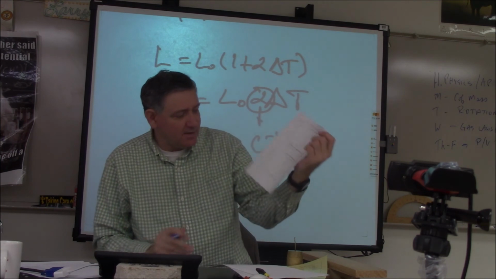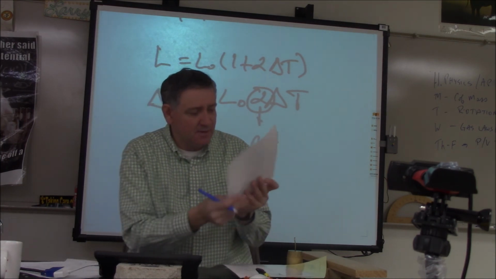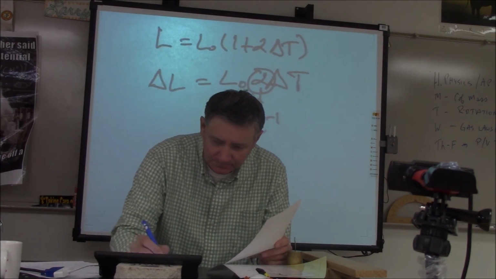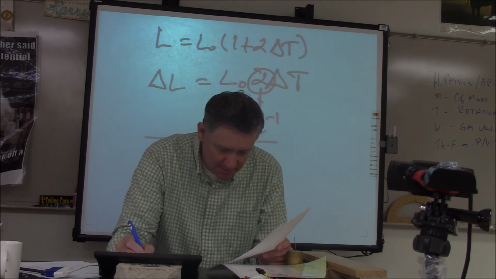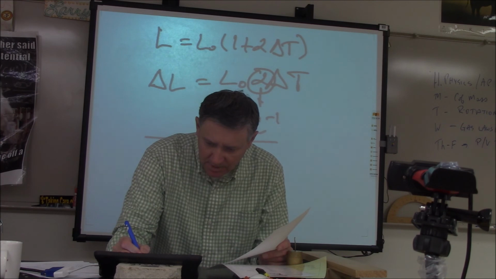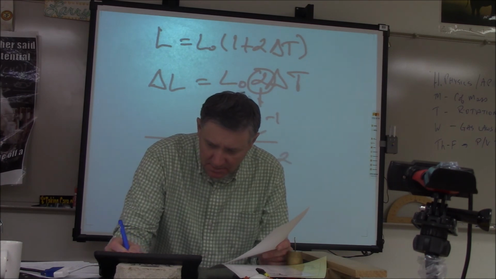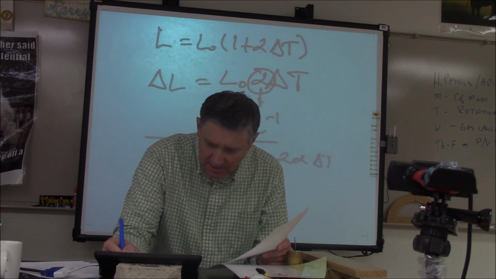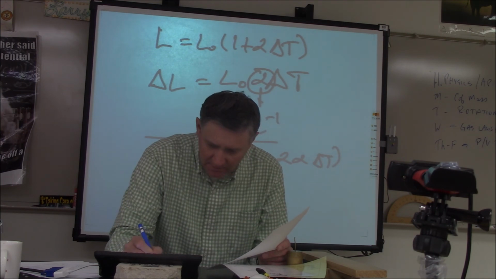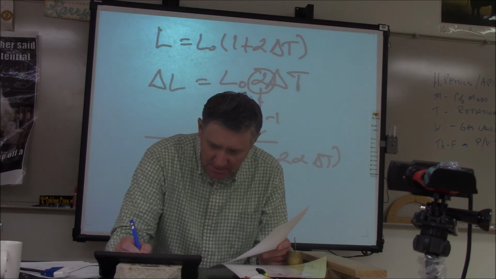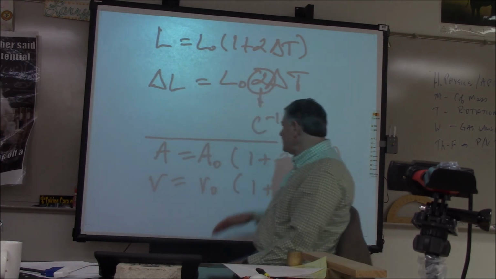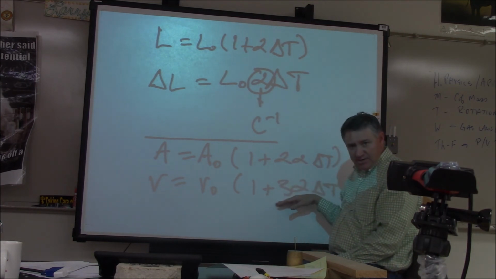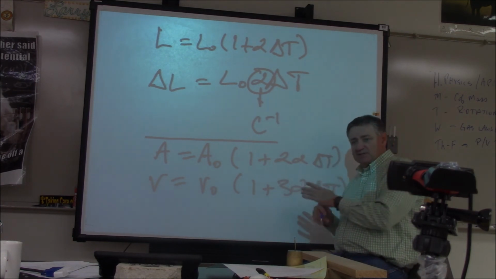Now, also down here on your assignment, you've got A equals A0 times 1 plus 2 alpha delta T, and then you have volume equals V0 times 1 plus 3 alpha delta T. The reason we have the 2 and the 3 here is because of dimensions.